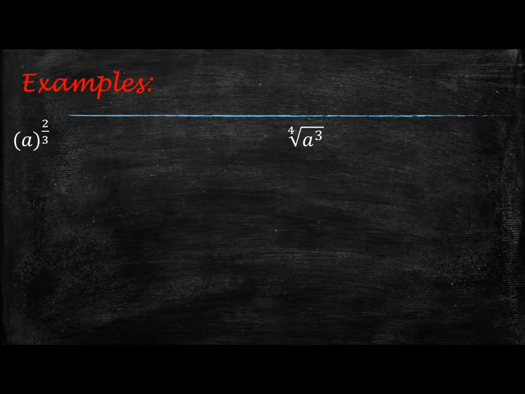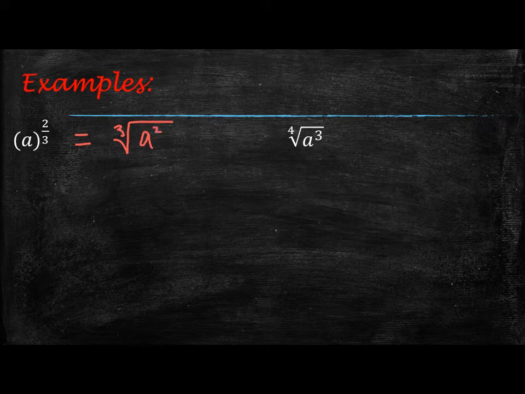Okay, so right now we're just going to practice going back and forth between rational exponents and radicals. In this first example, I have a rational exponent, a to the 2/3. If I convert that to a radical, I'm going to have the cube root of a to the 2nd.